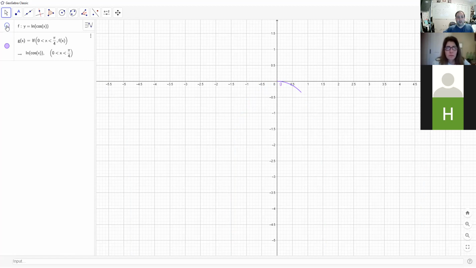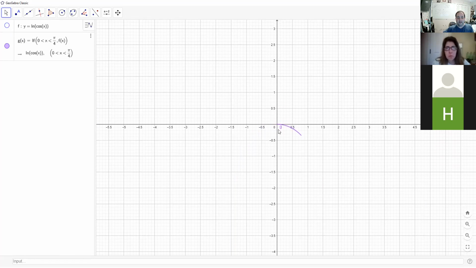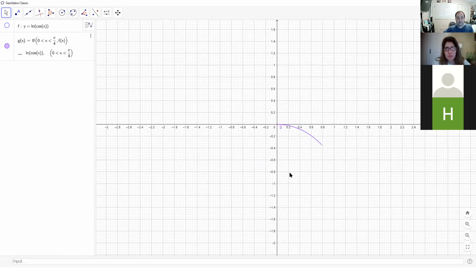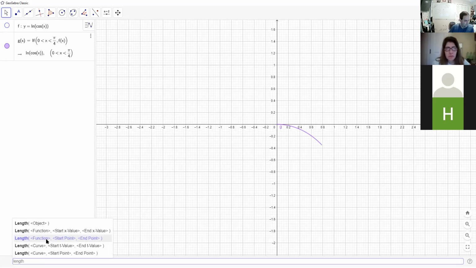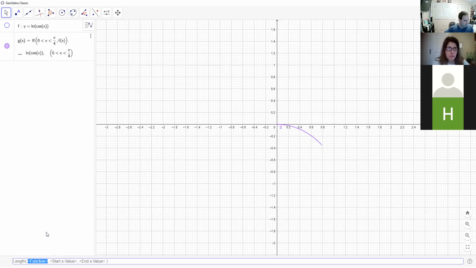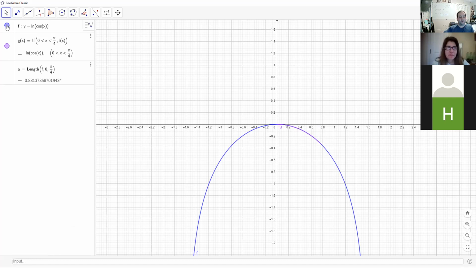So really what we're doing here is just finding the length of this little piece. I can do the length of the function f, start x value 0, end x value pi over 4. And that's what we came up with, the 0.8813. Nice, it's pretty cool.